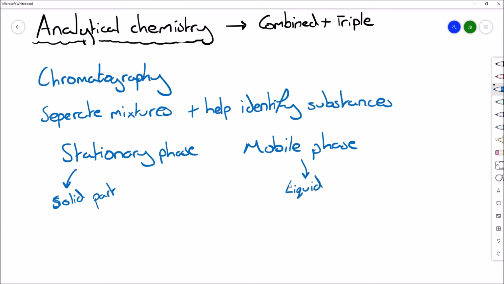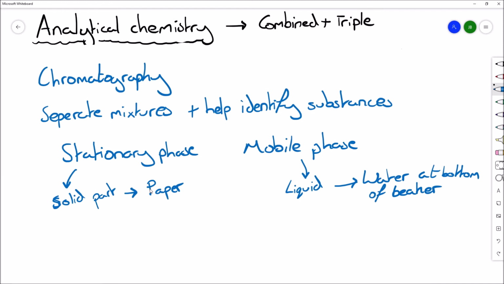So for paper chromatography, the one that you will have focused on mostly, this will be the water at bottom of beaker. Now it's the mobile phase because it moves, it flows through the stationary part, which is the paper that hangs into the water. So this is the mobile, it flows through.